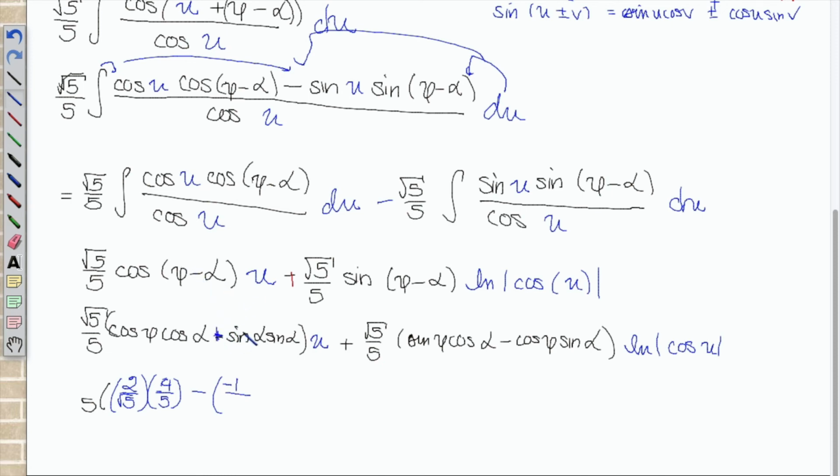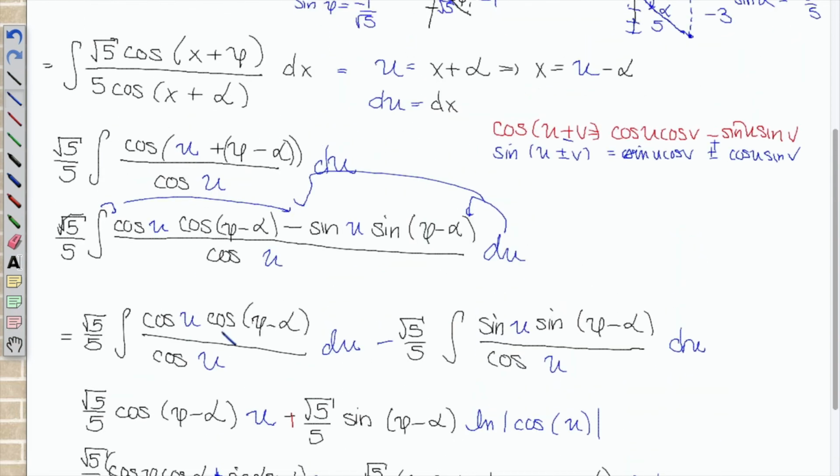There we go, plus there, and so it's minus 1 over square root 5 times negative 3 over 5, which, after a bunch of simplification, 8 plus 3 is 11, and 11 over 25 square root 5 becomes 11 over 25. So that becomes 11 over 25 times u.